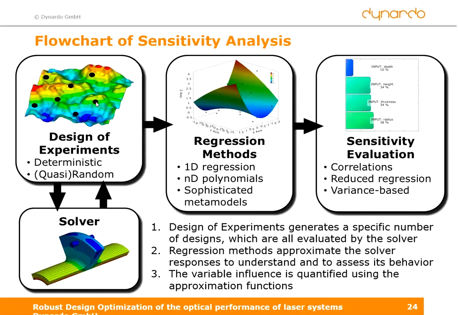So you will have a data pair of inputs and outputs that will be calculated by regression methods. So you will get, for example, a sophisticated Metamodel, which is included in optiSLang. And this Metamodel will show you the relationships between inputs and outputs. So you are able to understand which input indeed has an influence on your output and how strong this influence is, which is represented here. And this is actually the sensitivity evaluation.